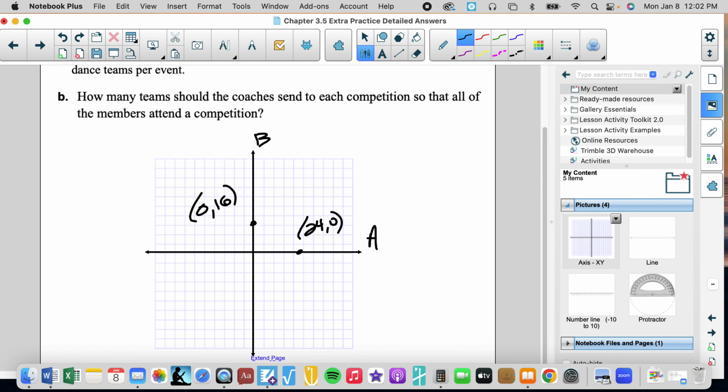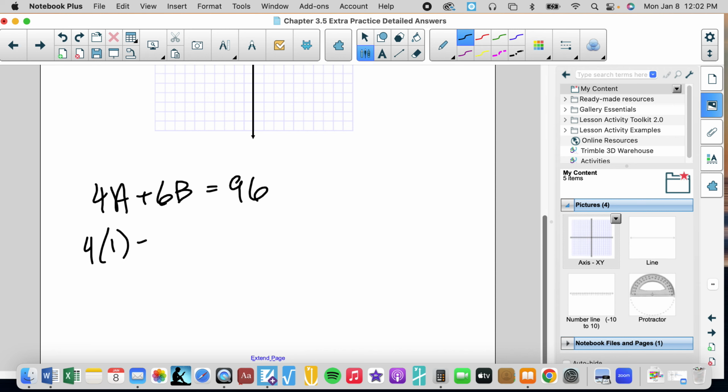So I could also find a solution using that equation. Let's find a specific situation. So we have 4a plus 6b equals 96. If I plug in 1 for a, so if I send one group to competition A, how many am I going to send to B?